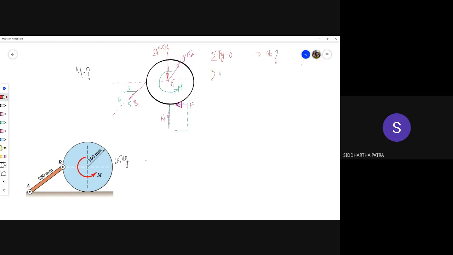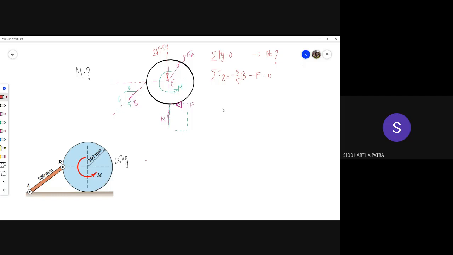Then sigma Fx is 0. So the disk is still in equilibrium, but it is about to have relative motion. It's on the verge of having relative motion. But it's still in equilibrium, which basically means that the force at B over there, its component is -3/5 P. And then the only horizontal force is F. So minus F equals 0.